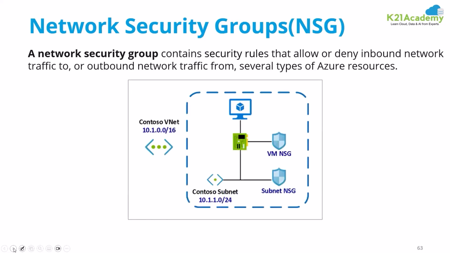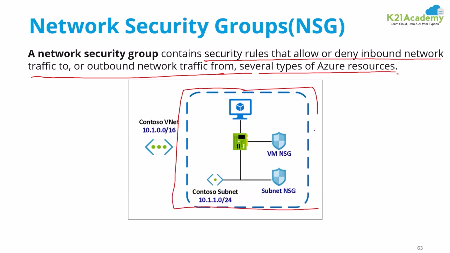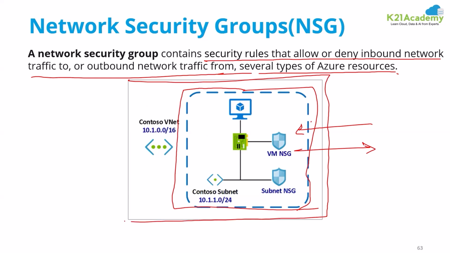Now, what is a network security group? This network security group is something that comes under your perimeter security, right? A network security group contains security rules that allow or deny inbound or outbound network traffic to and from several types of resources. So this is your virtual network, this bigger one is your VNet, and this one is your subnet.